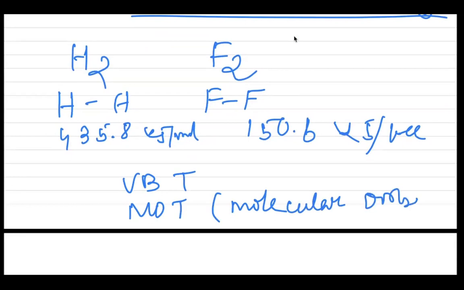We will learn both. First VBT was given, then since VBT cannot explain everything in detail, MOT. MOT is far better than VBT, but we have to learn VBT also. So let's start valence bond theory.